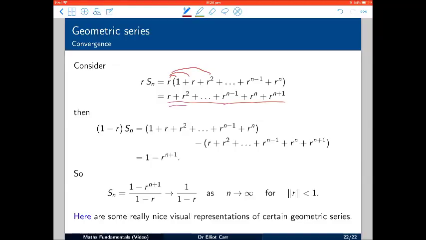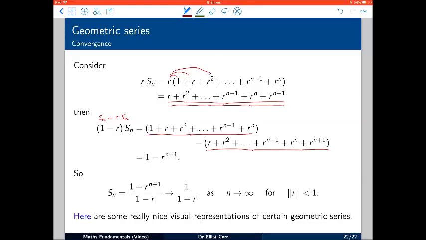Then I can subtract this away from Sn. So this is Sn minus r Sn. This term here is just Sn, and this term here is r Sn.